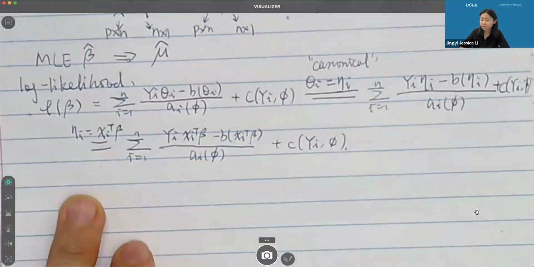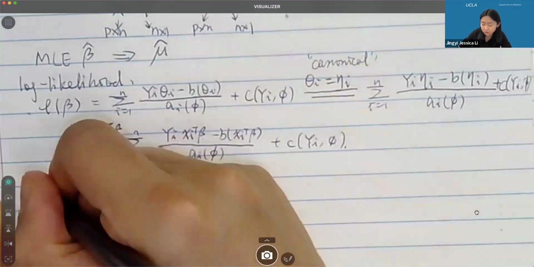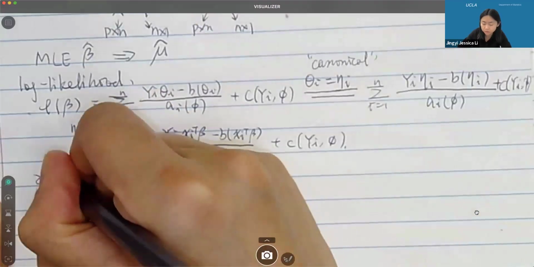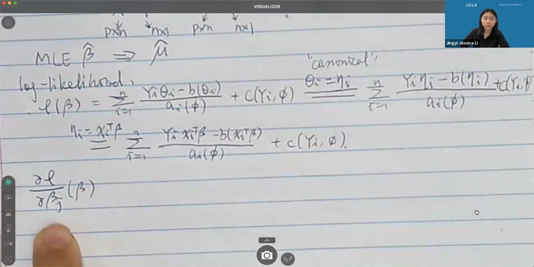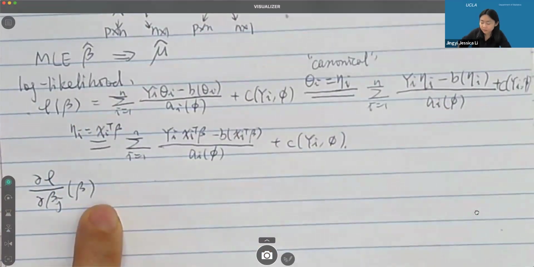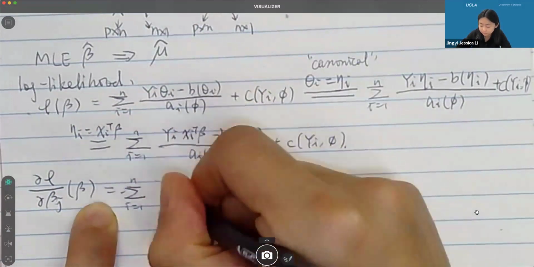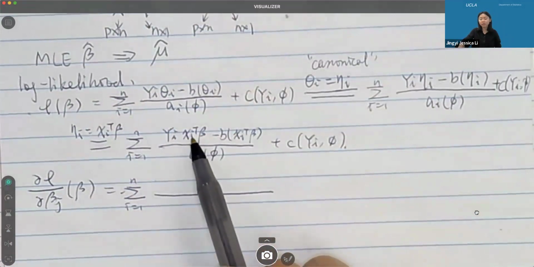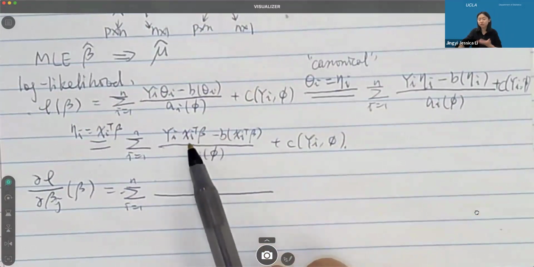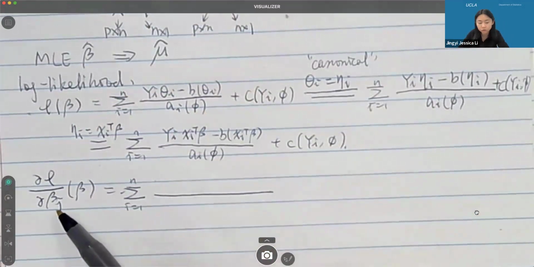Now it's time to take the derivative, the partial derivative with respect to beta j. I'm not doing the vector derivative, just the partial derivative for one component of beta. Inside the sum, for the first term, the inner product is xi1 times beta 1 plus xi2 times beta 2 plus up to xij times beta j, so only xij stays when taking the partial derivative.